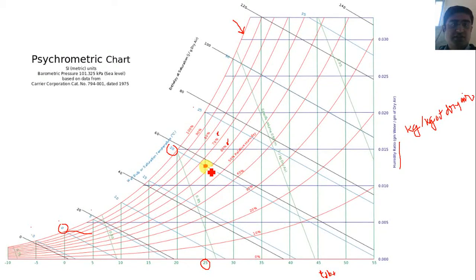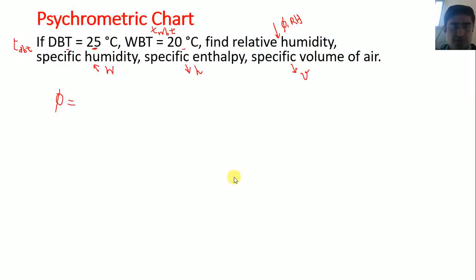It means that it is the intersection between 60 and 70, so the value of phi in our case is 65. So the value of relative humidity, RH, is equal to 65 percent, when the value of DBT is 25 degree and the wet bulb temperature is 20 degree.